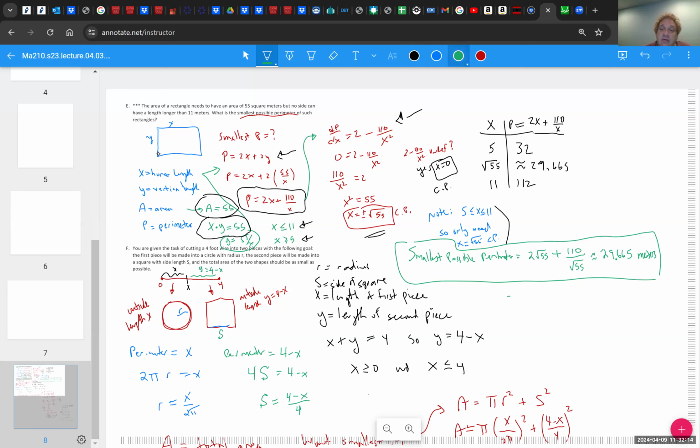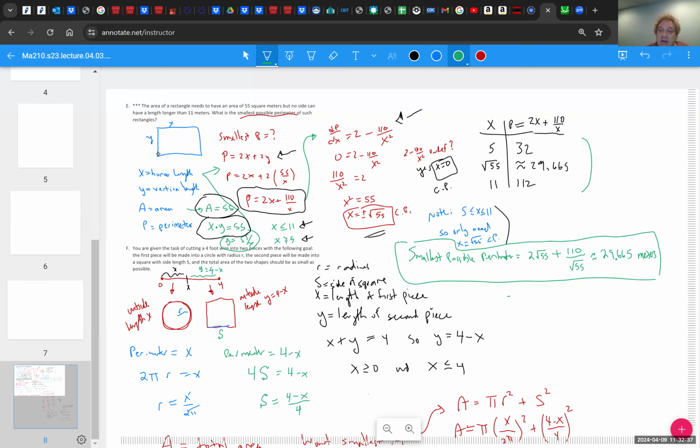So then I wrote down those endpoints and that critical point, and I calculated the perimeter value. We're looking for the smallest possible perimeter. I calculated the perimeter value for each of those three using technology, and I got 29.665 is the smallest possible perimeter, and that came from plugging in square root 55.